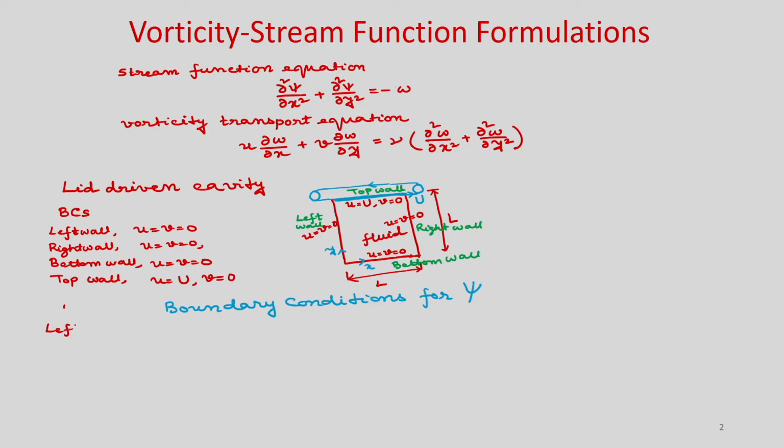If we consider the left wall, what is the normal velocity? The normal velocity will be u, and v is the tangential velocity, because if this is your x direction you have velocity u, and in the y direction you have velocity v. So for the left wall the normal velocity is u, and you put the normal velocity as 0, that means u is equal to 0.